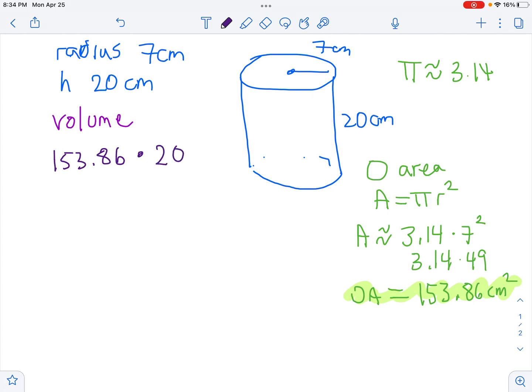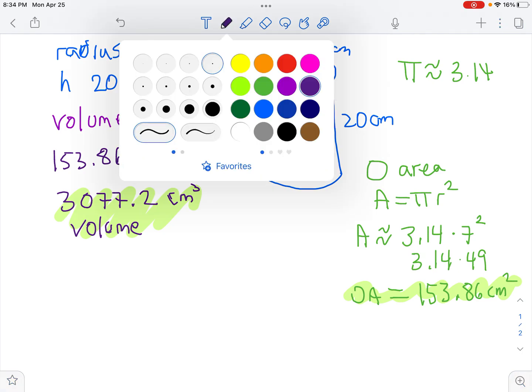And if we multiply that out, I got 3,077.2 centimeters cubed. And that's the volume. That was pretty easy. So volume's pretty easy. Let me just highlight that. That's the volume.